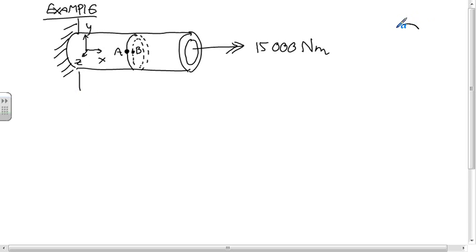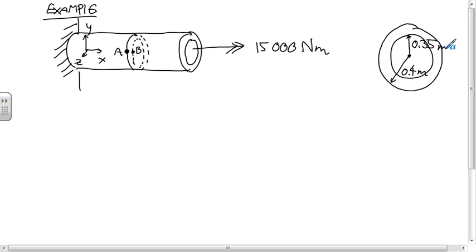And the cross-section, I'll give you the dimensions. So let's say that the outer radius is 0.4, and the inner radius is 0.35. And we want to calculate the stress tensor at, I guess, yeah, let's do it this way.